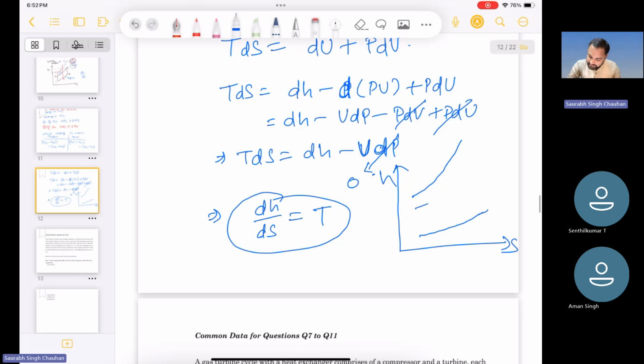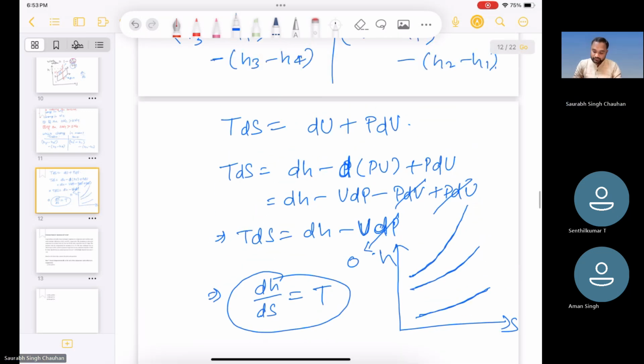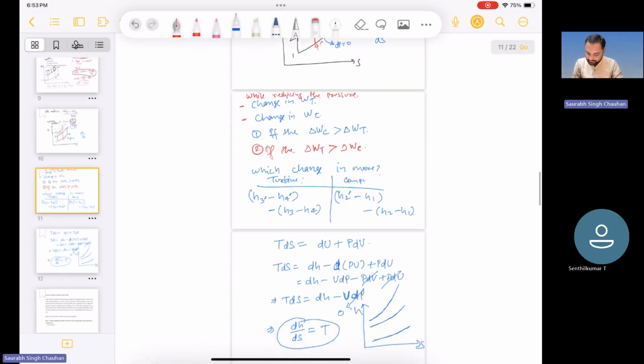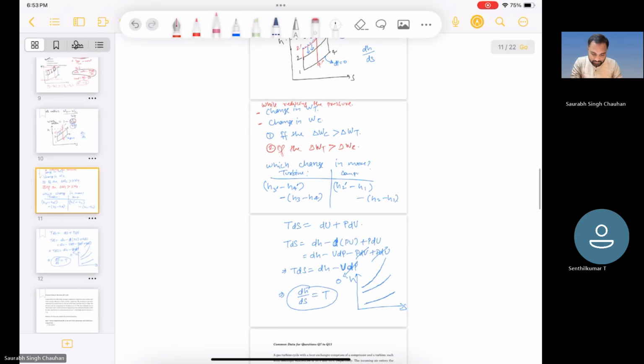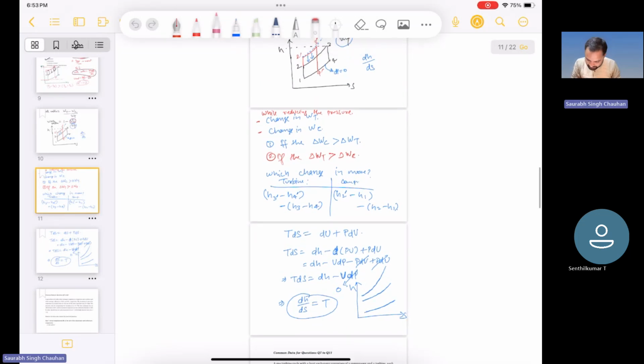And in between, it will be something like this. So here it is more slope, here it is something in between, and here it is a little flat. Okay, now we got three curves. So first was 1 to 2.